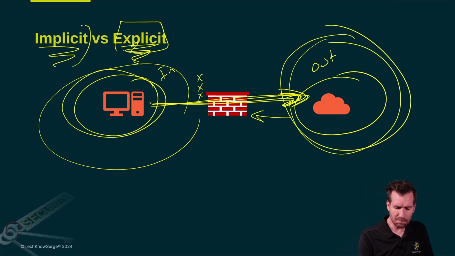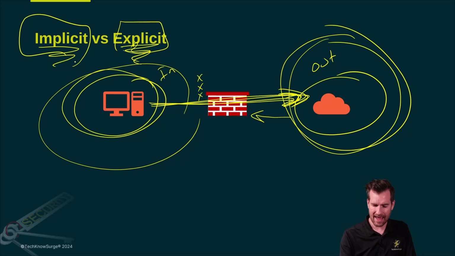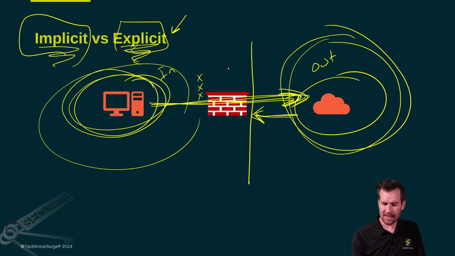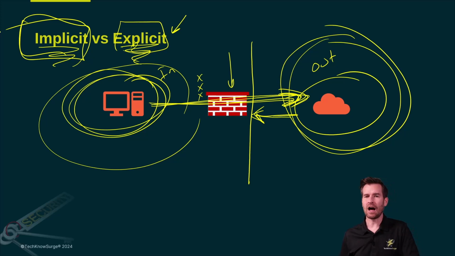So there is an implicit deny that's going to happen, that I'm not going to allow traffic from the outside to get inside unless I explicitly allow it. So in these firewall access lists, there's an implicit deny all and says, I'm going to just deny it unless I specifically am told, no, allow this to come back into the network.